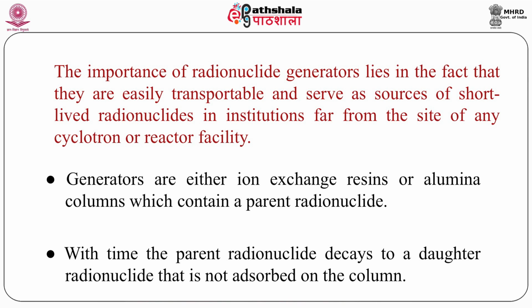So instead of transporting the radionuclide produced from a cyclotron, no doubt cyclotrons and reactors are used for making other forms of radionuclides used in medical applications, or in research, agriculture and industrial purposes. But the generator is also one of the most important things now being used in many hospitals: molybdenum-technetium. Generators use either an ion exchange resin or an alumina column which contains the parent radionuclide.